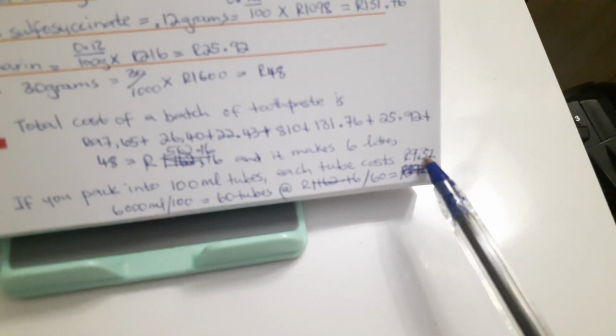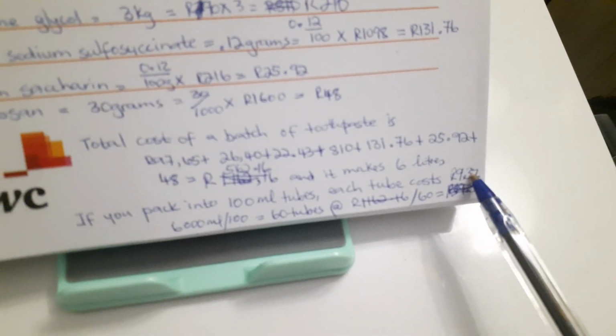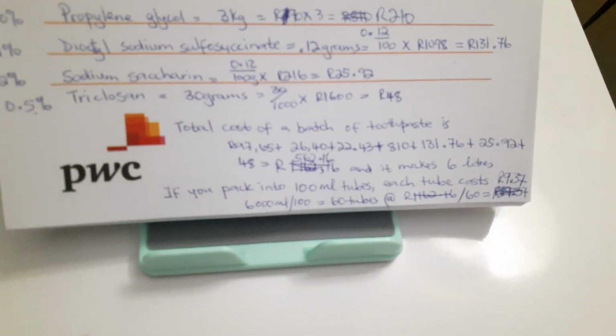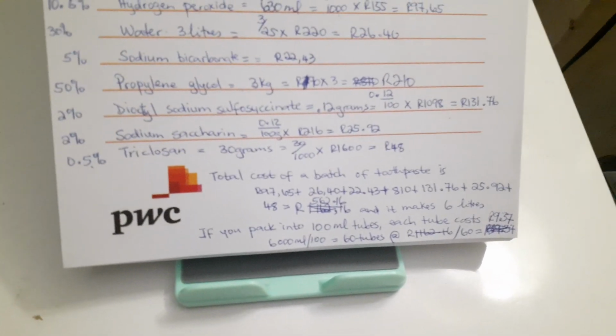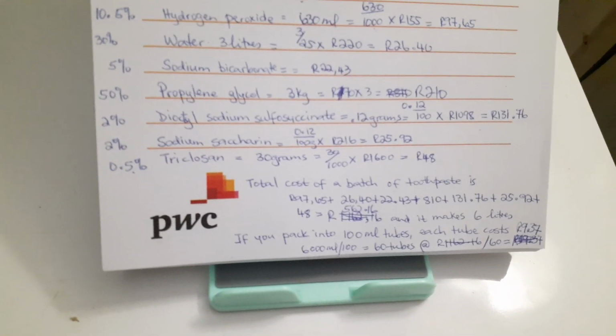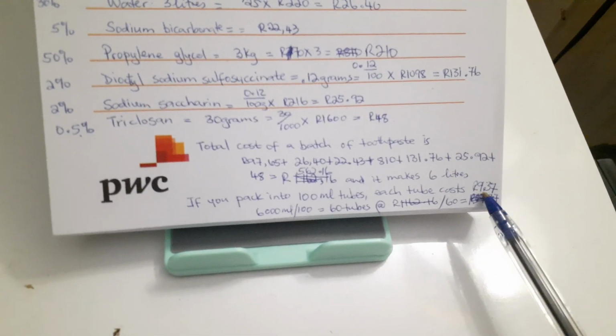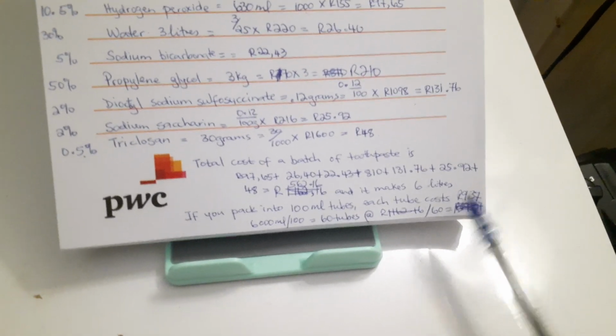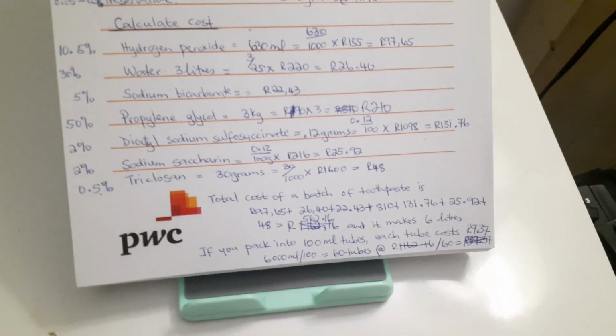But that will be the toothpaste only, without the cost of the tube and without the branding on it. We will talk about that in the next video when we talk about pricing. But it's good that you can calculate to the milliliter the cost of that toothpaste in that tube.